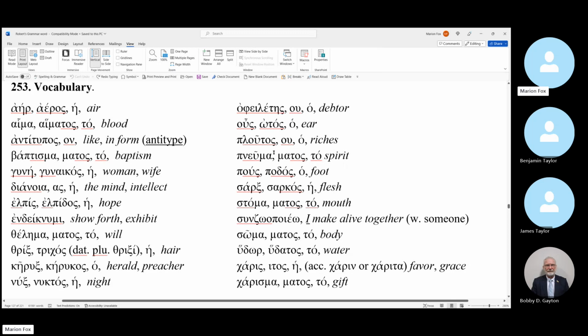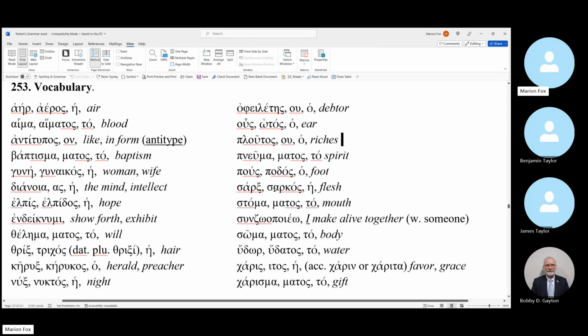Ploutos. Plutocrat is where the rich person rules. Ploutos is many, much. And so you have riches, okay? And rich people rule. And pous, we've already had that, podos, podiatrist. Sarx, sarcastic, see, sarcastic means to tear flesh is what it means.